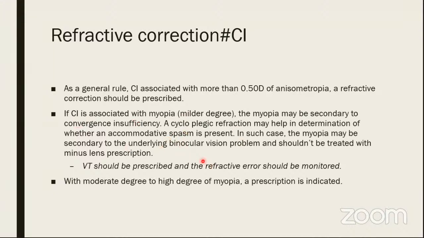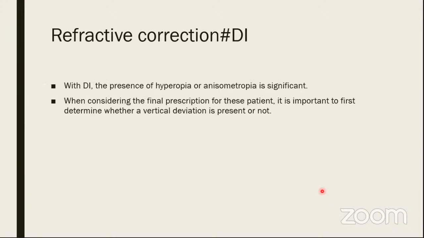Is there an underlying binocular vision problem or not? That should be ruled out first, and then the correction, if required, can be provided. So the approach would be different in different aspects of myopia. But if the patient has a high degree of myopia, prescription is indicated. Okay, so this is some concept on convergent insufficiency.